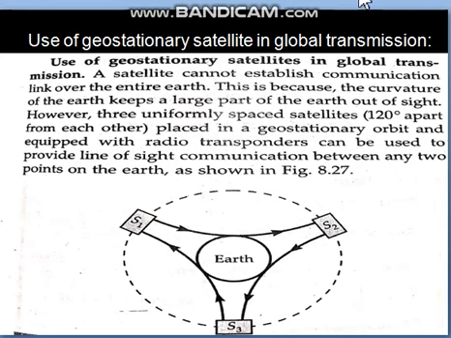First of all, a communication satellite is what? It creates a communication channel between the source transmitter and receiver at different locations of Earth. Now, generally the communication is done with the high frequency signals, and these high frequency signals, they can communicate with each other directly through the line of sight.